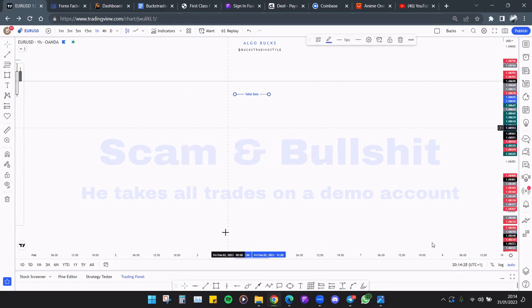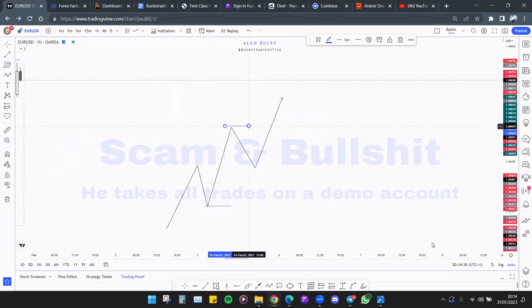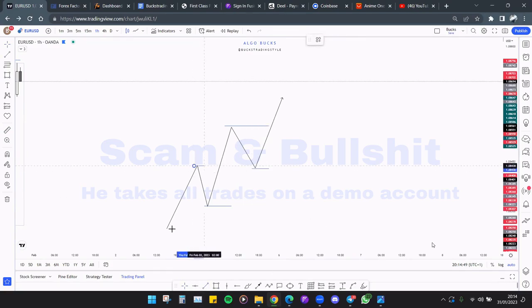How we see supply and demand zone when we have this, this is a range low, this is a range high. Now, at this level right here, this becomes our range low. Then this becomes the break, okay? This becomes a range high. This is the break.